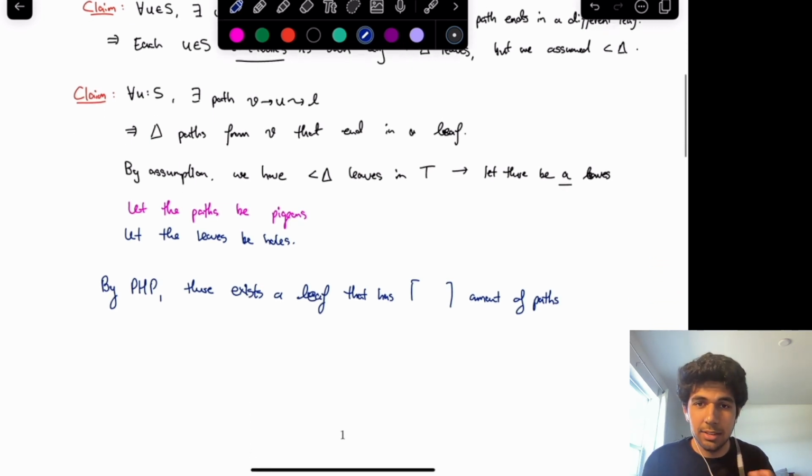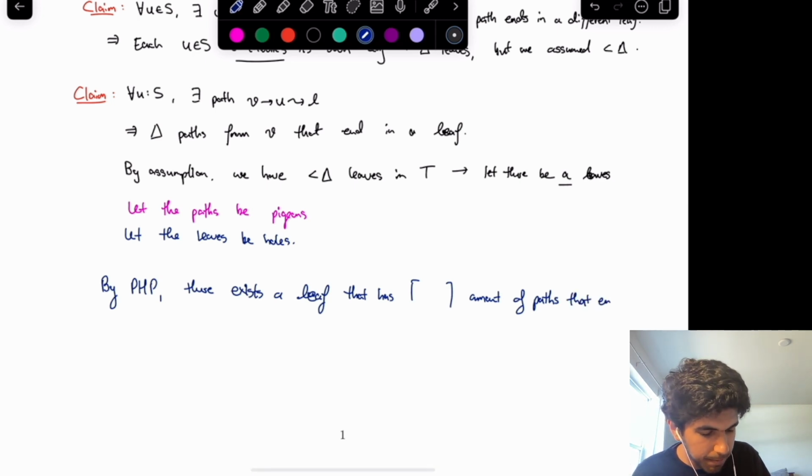So it's that that has some amount of paths that end in that leaf.